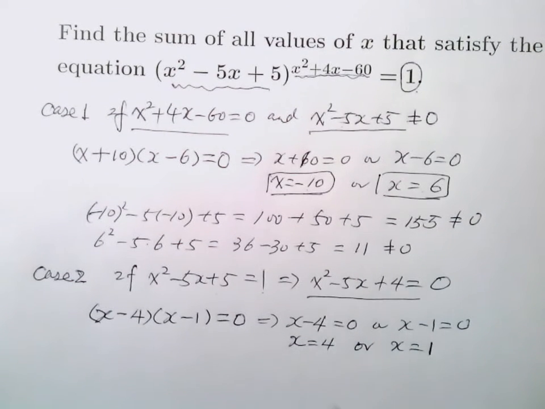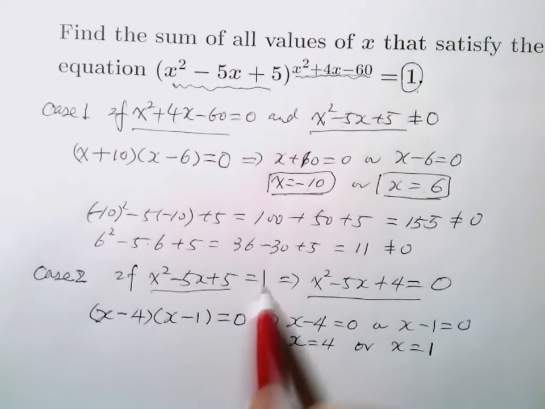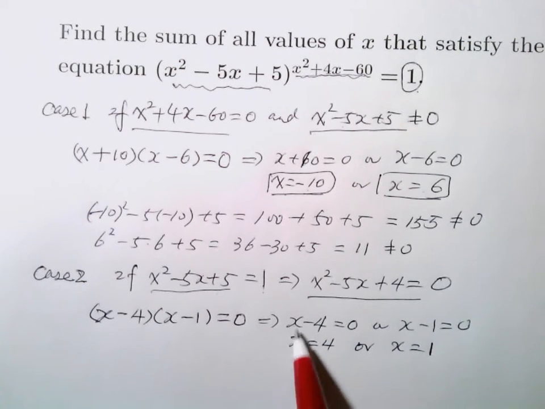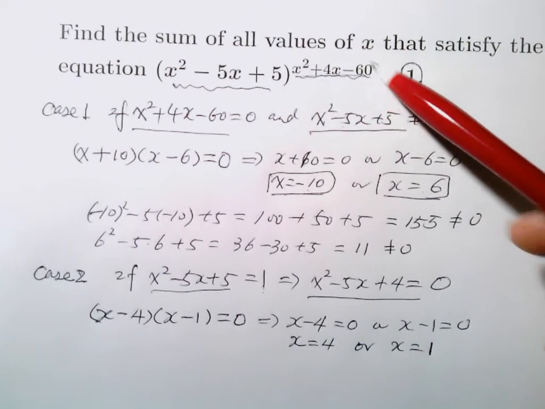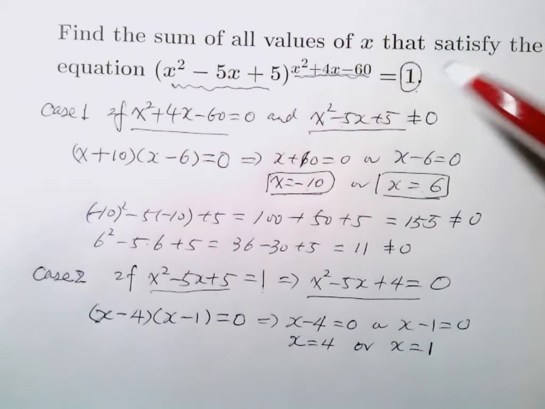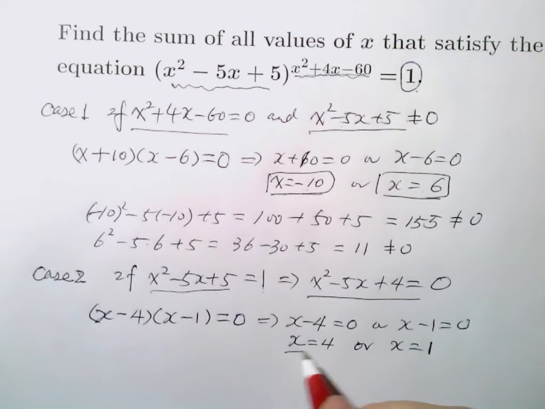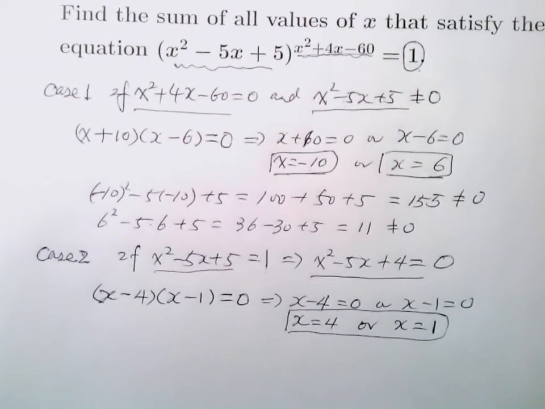Both will make this expression equal to 1. The base will be 1, and the exponent doesn't matter what number it is. If the base equals 1, that's always equal to 1. So we have two more solutions. That's the second case.